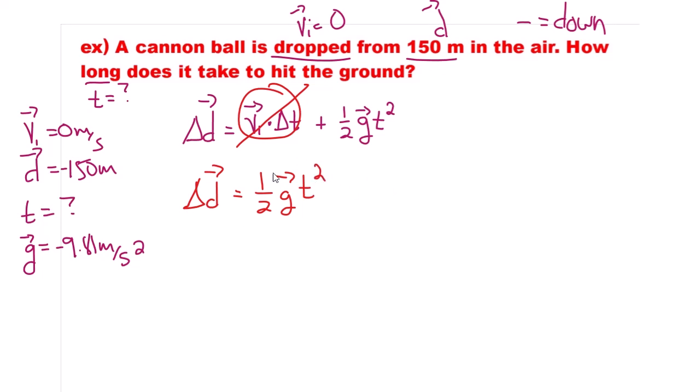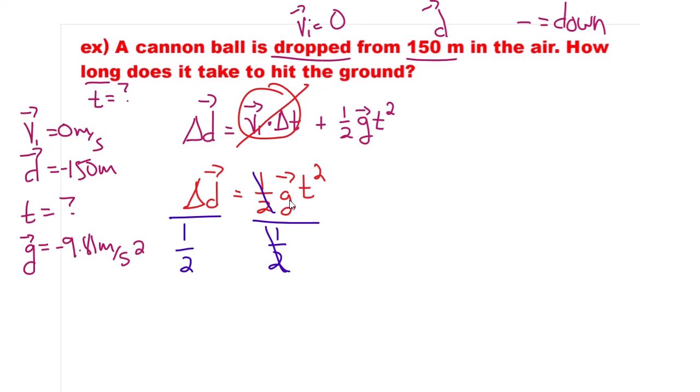So now I need to get the t squared by itself. I'm going to leave the square till the very end, and I'm going to try to clear the other parts of the equation out first. So how do I get the 1/2 to cancel? Well, I can either multiply by 2, or I can divide by 1/2. Let's divide by 1/2, because anything divided by itself is going to cancel, and I'm allowed to do that in algebra as long as I do it to the other side of the equation too. Divide by a half over here.